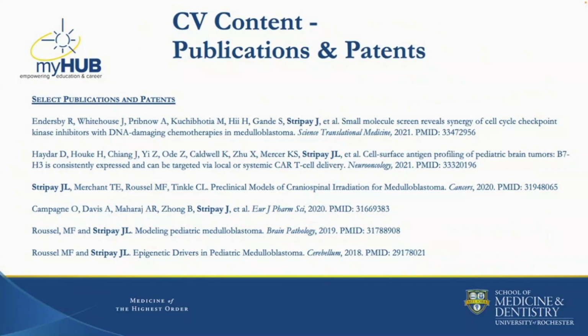And for this example, Jennifer is highlighting where she is located as author within the different publications so that individuals can quickly know where she is located and what the name of that paper or publication is, and also what patents that she's part of and where she is as part of those patents.